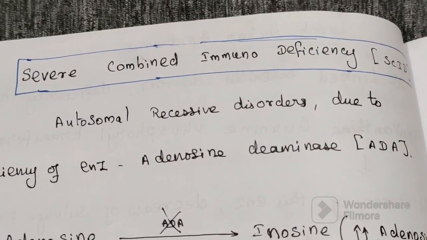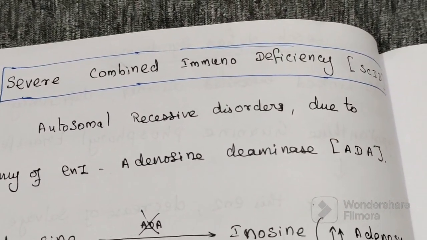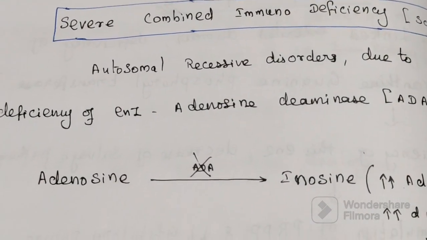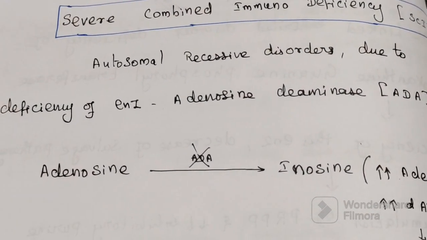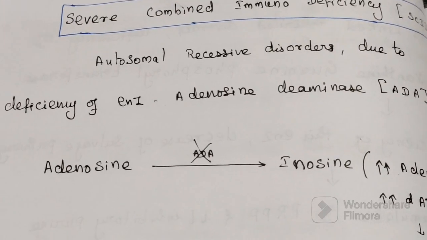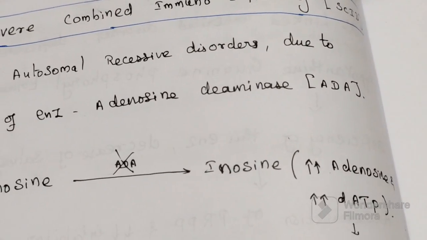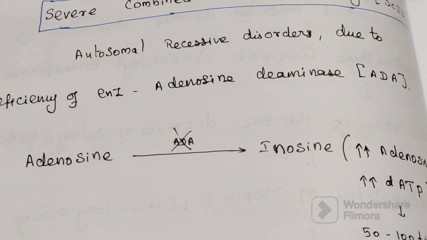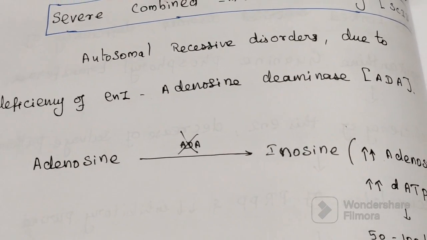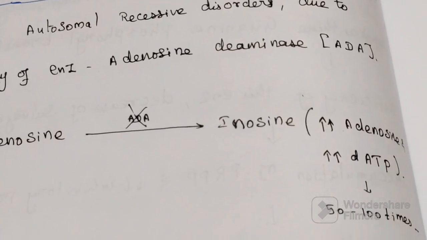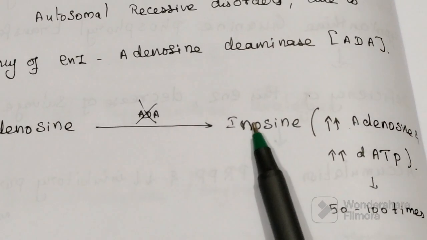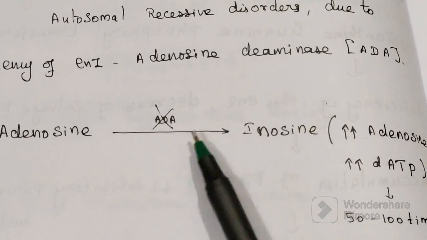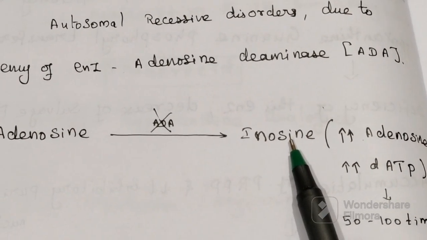Last one is severe combined immunodeficiency, SCID. It is an autosomal recessive disorder and it is due to deficiency of the enzyme adenosine deaminase. The function of adenosine deaminase is to convert adenosine into inosine. When there is deficiency, adenosine is not converted into inosine.